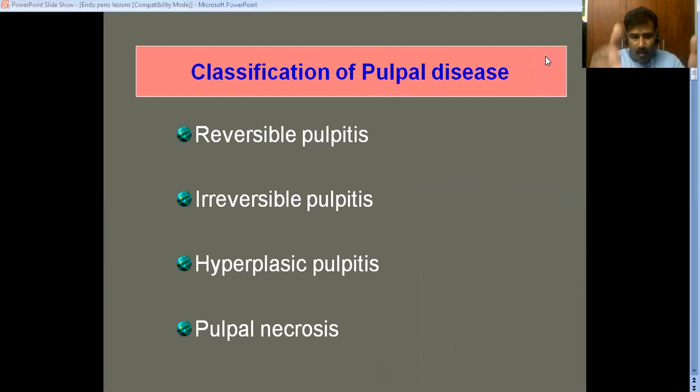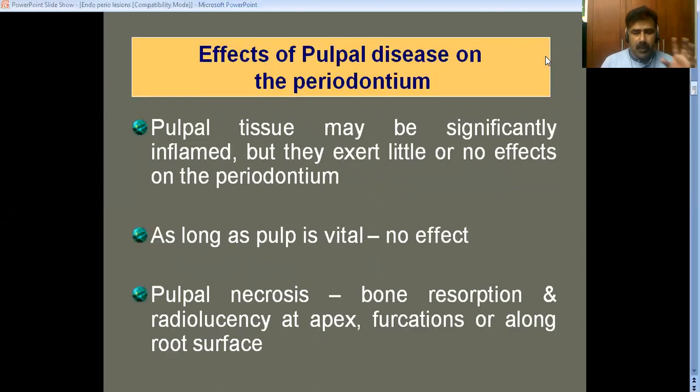Depending upon the extent of pulpal damage, you address that condition. Usually, when that pulpal damage is confined within the pulp chamber or within the root canal system, it does not affect the periodontium. But you have different channels by which the pulp can communicate with the periodontium.